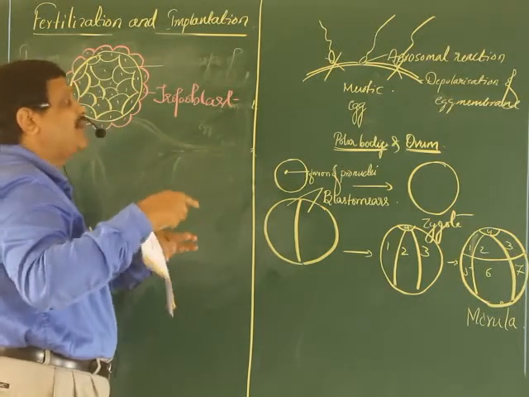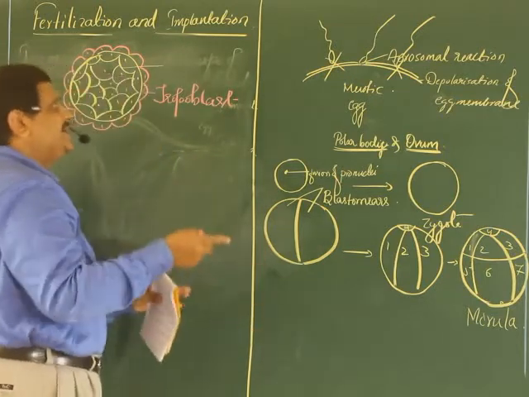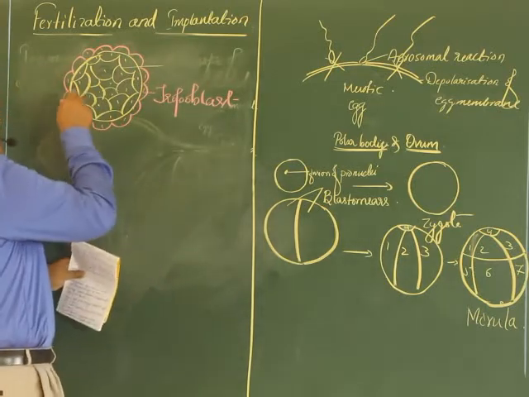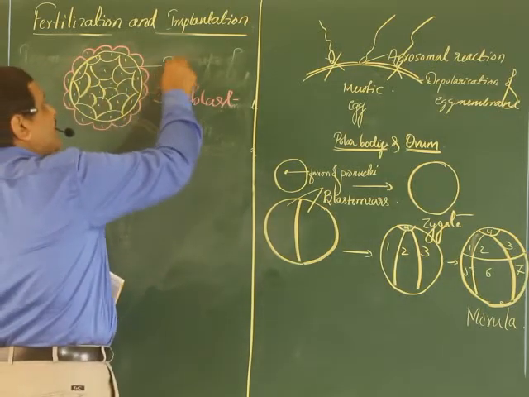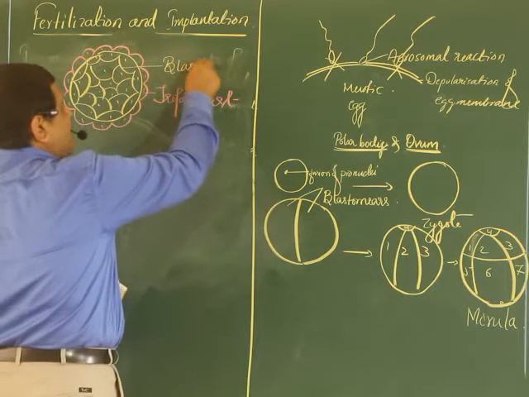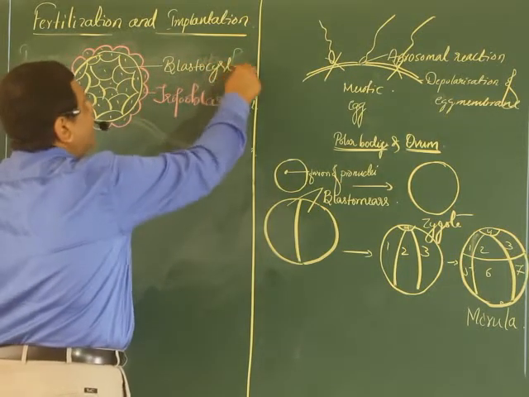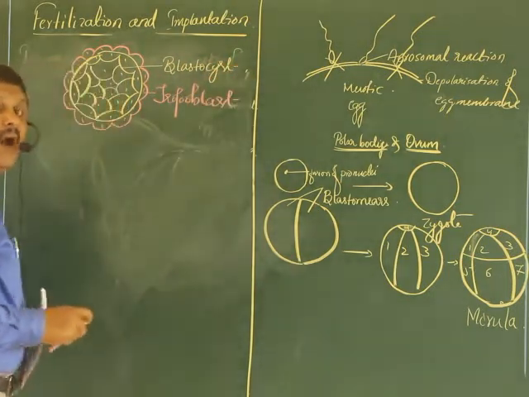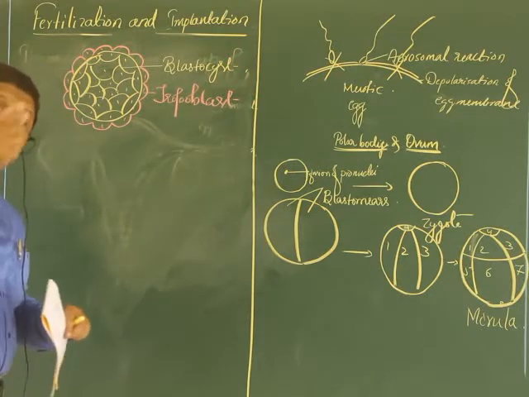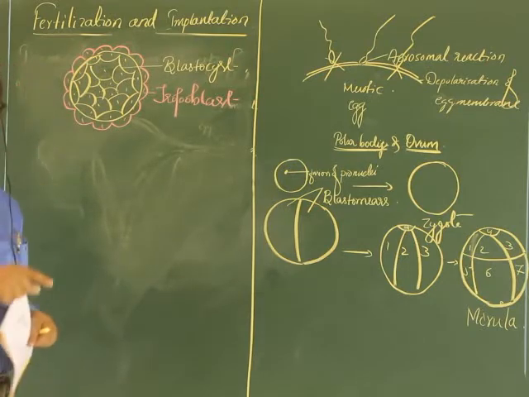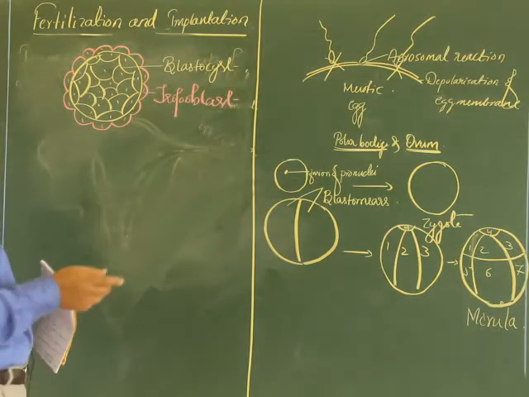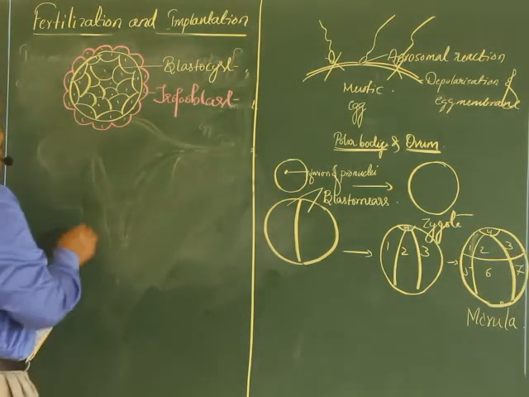That is, after fertilization, the blastocyst is a group of cells which is ready for implantation. But it is encircled by a single layer of cells. They are called trophoblast.